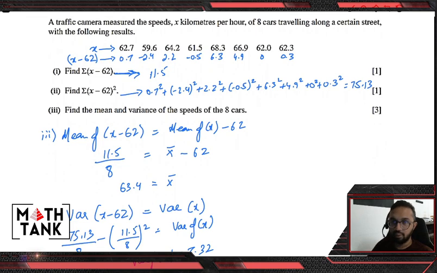So 7.32. I could have just used the original values as well to do the same calculations and they would have given me the same answer. You can try that out and tell me if that works out. If it doesn't, please leave a comment.